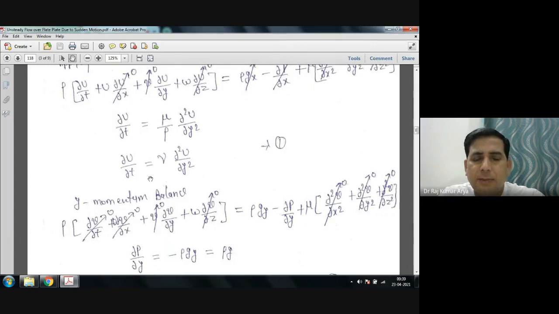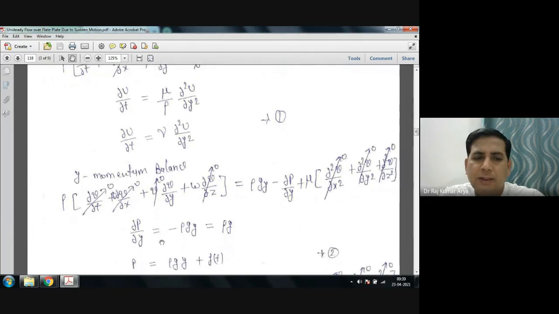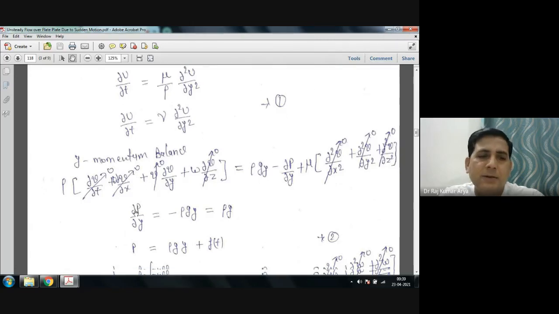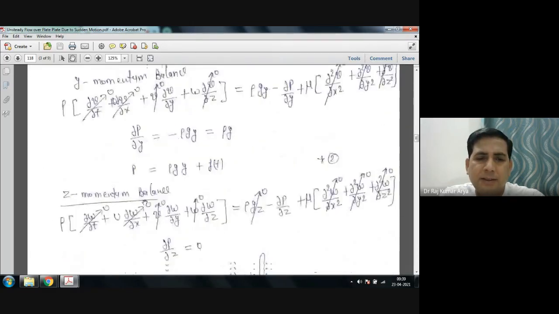Now, what you have here, at this particular time, is equation number one. With the same type of momentum balance, you can also do the y direction, so you can find how the pressure will change along the thickness of the fluid. This is the second thing. You can do the Z momentum balance.